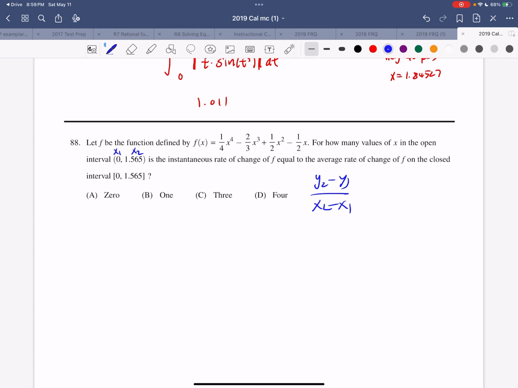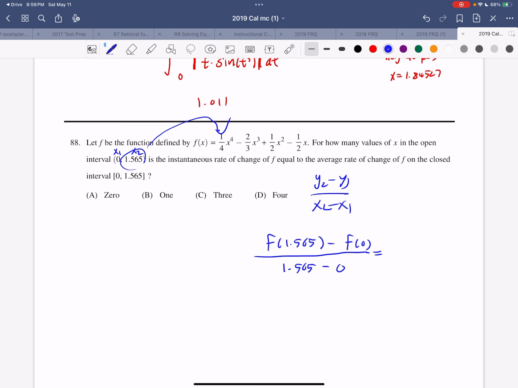So y2 is going to be, you plug this number into here. I don't know what that is, so I will just write f of 1.565, just use the calculator, minus f of 0. Obviously, if you're plugging in 0, this y value is going to be 0. Over 1.565 minus 0.